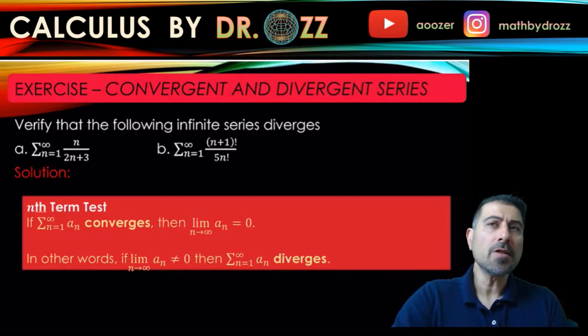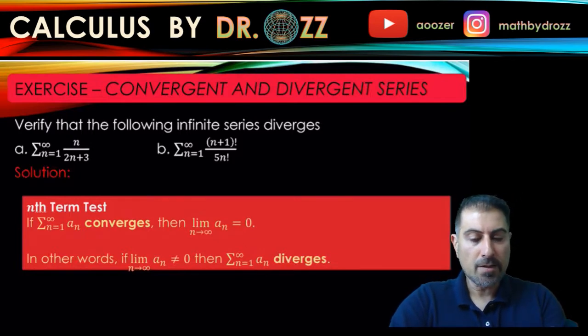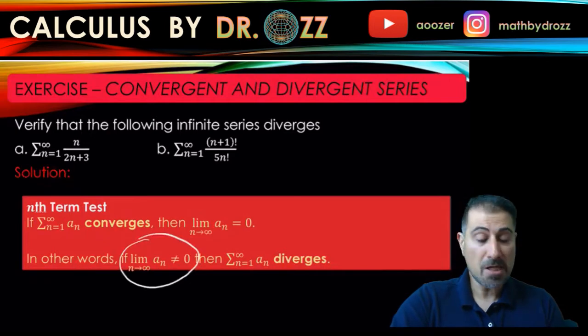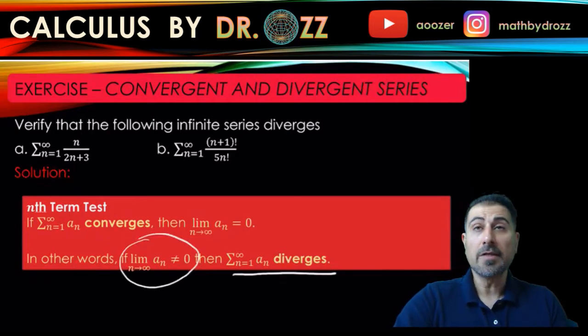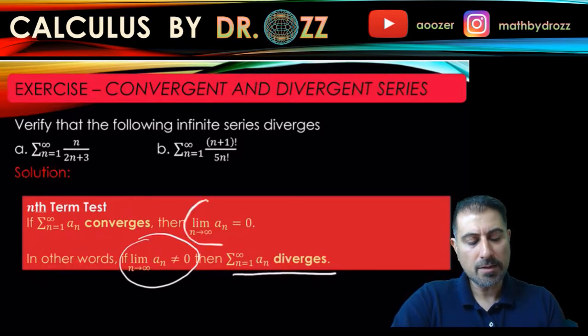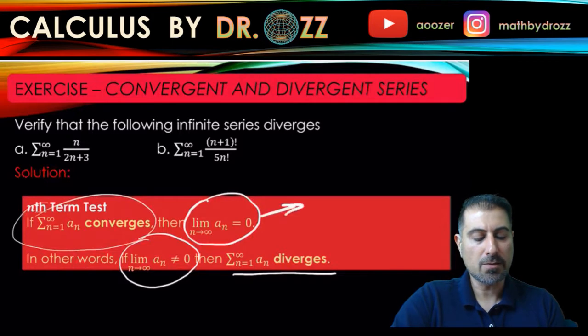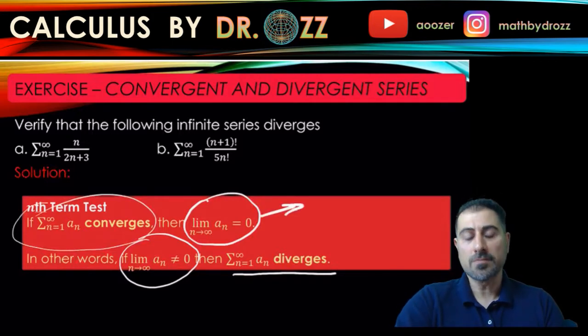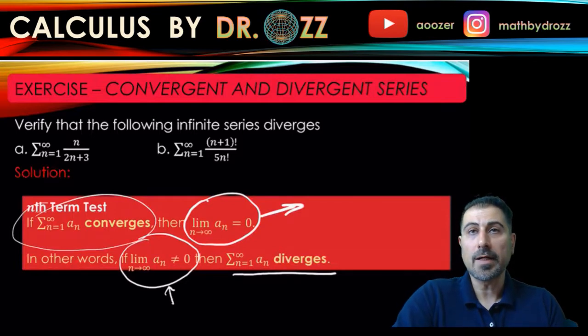Another way to interpret that is, if the nth term does not approach zero, then the infinite series diverges. This is like a contrapositive: not this should imply not this. If the limit of an is not zero, then the infinite series diverges.